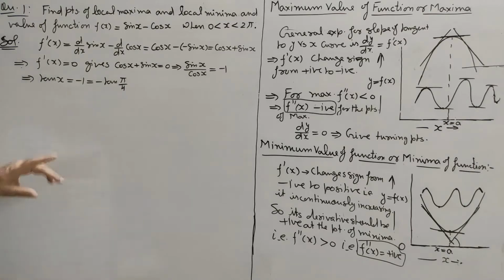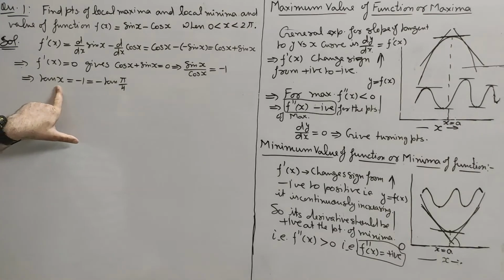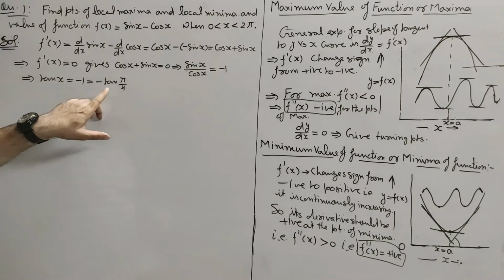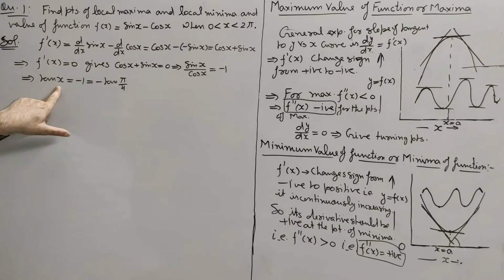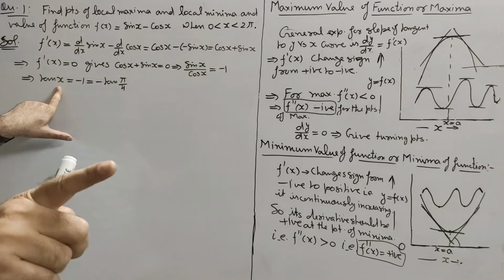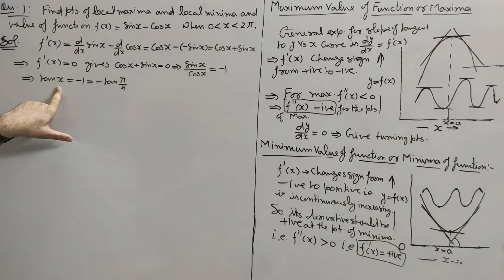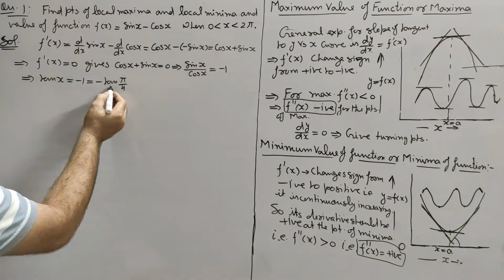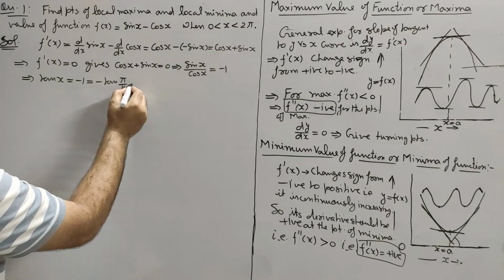Now we know that tan theta is negative in second and in fourth quadrant. So the value of x must lie in second and in fourth quadrant.